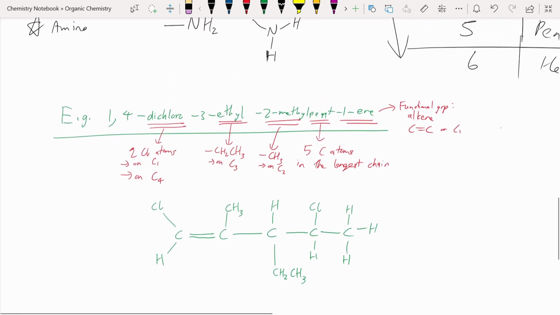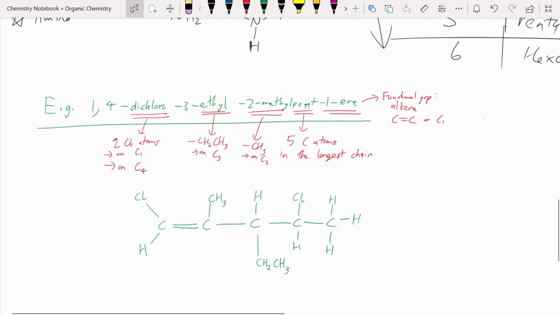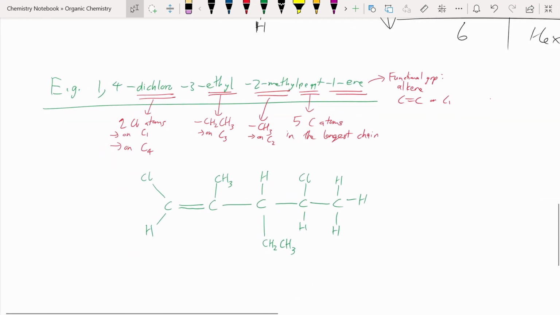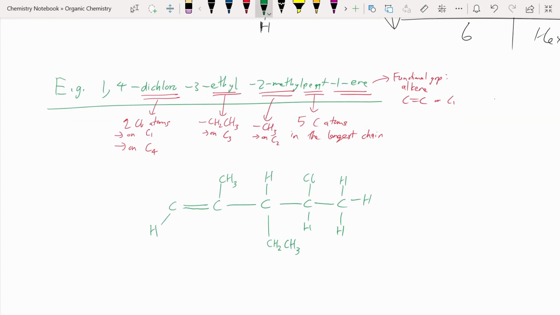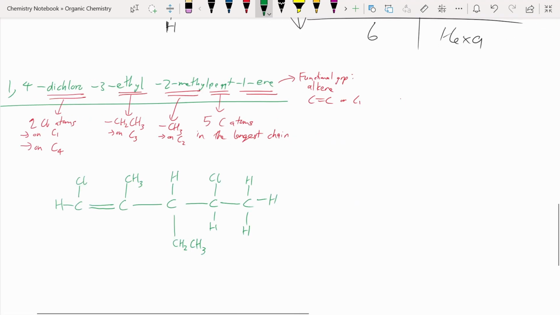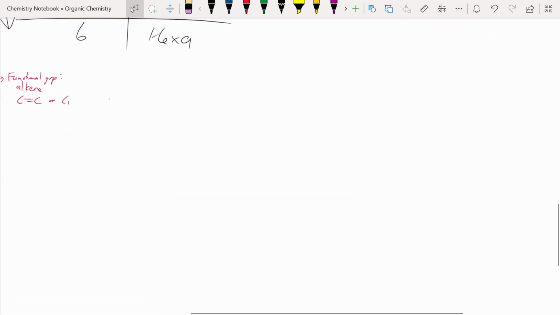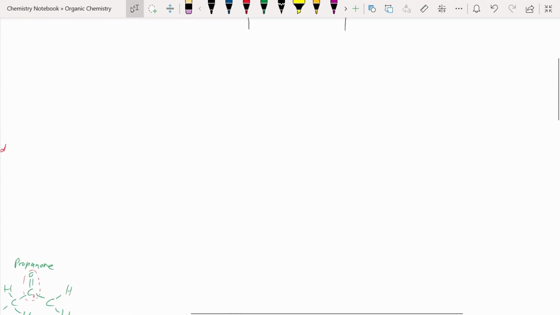Then in this case, I can actually also do it this way, so ClH also. But what I want to talk about is there are different ways to represent the structures of organic compounds.